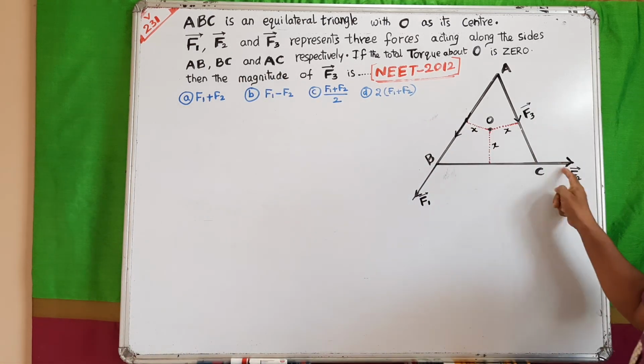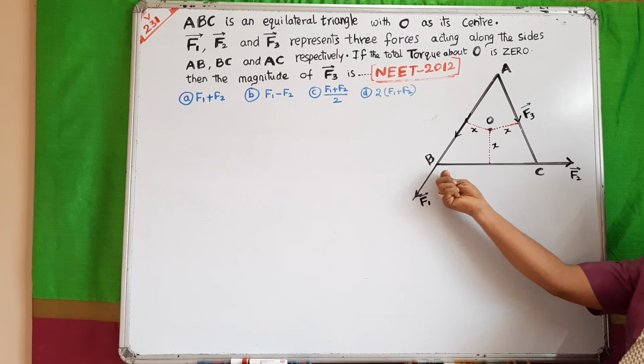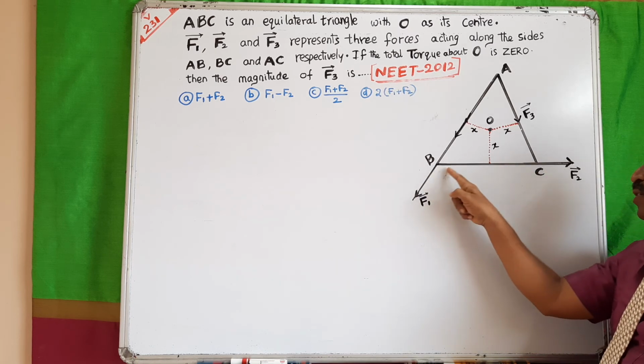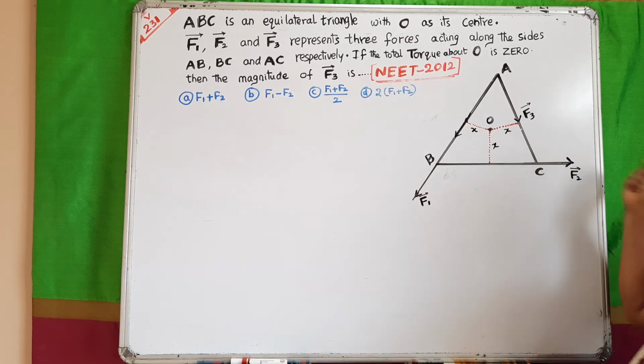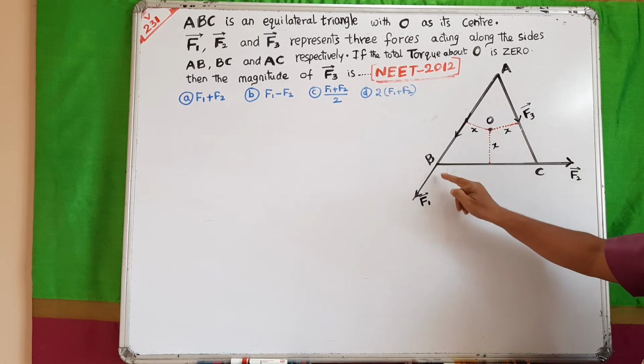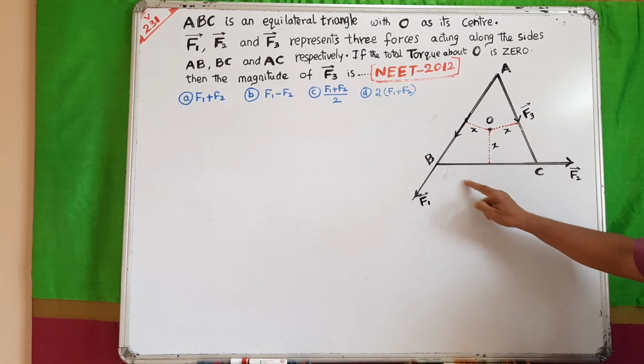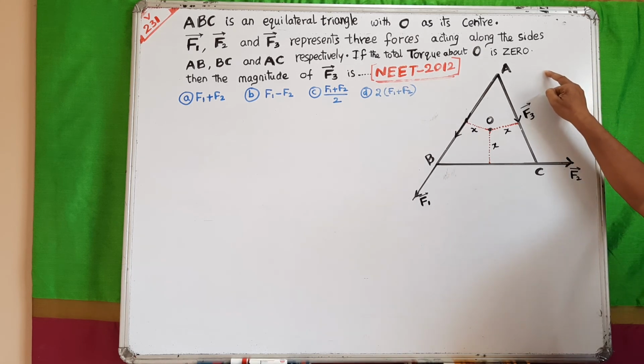Suppose F2 is the force acting along BC. If F2 is acting about O, this triangle is turning in the anti-clockwise direction.